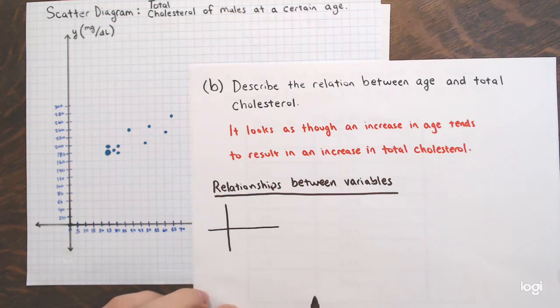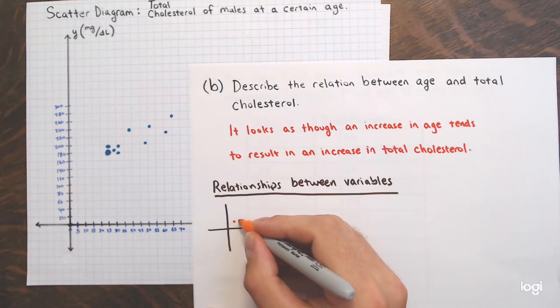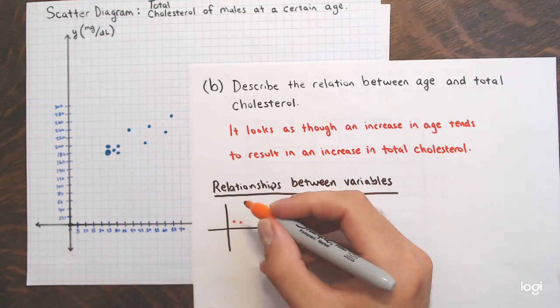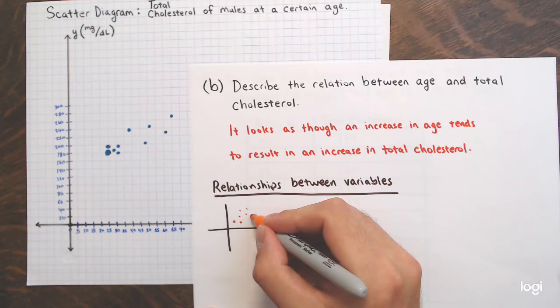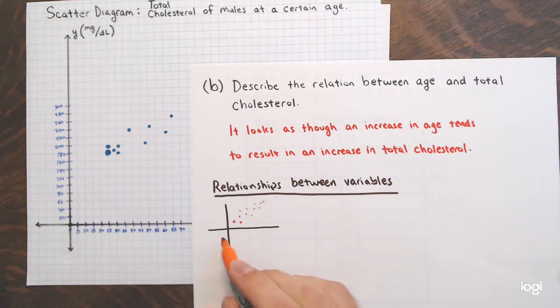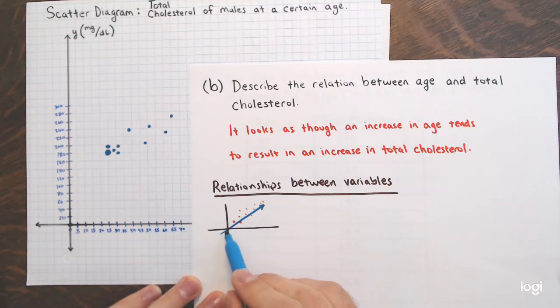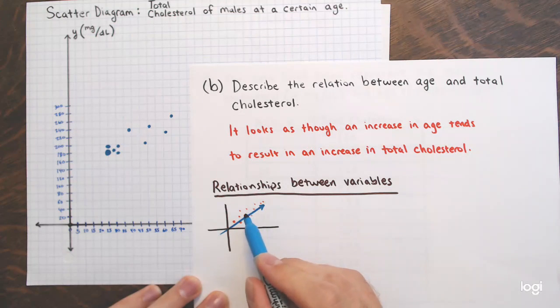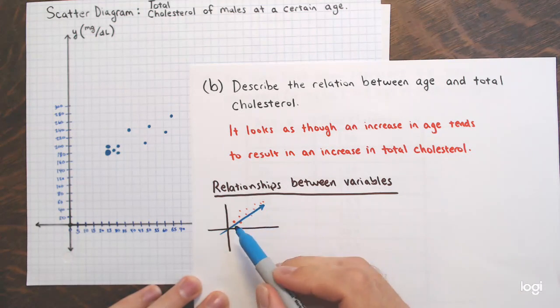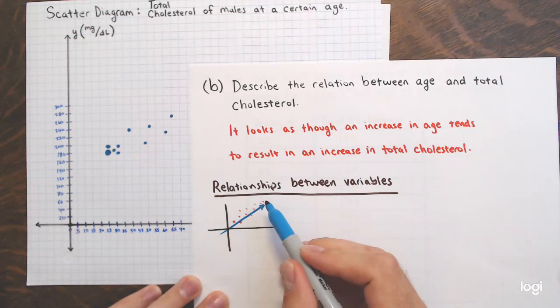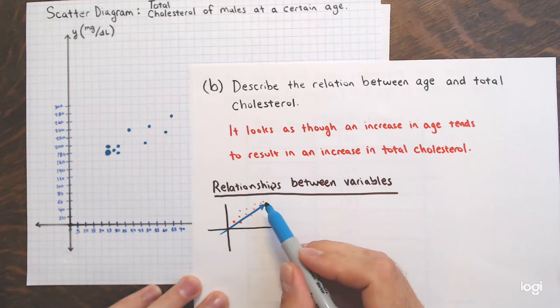So here's a possible one: if I had a scatter plot or a scatter diagram that looked like this, where all the points, as you move toward the right, seem to be tending upward, then we would say, look, it looks like it's going upward. They're not on the same line, but I can draw a line to show you where the pattern's trending.